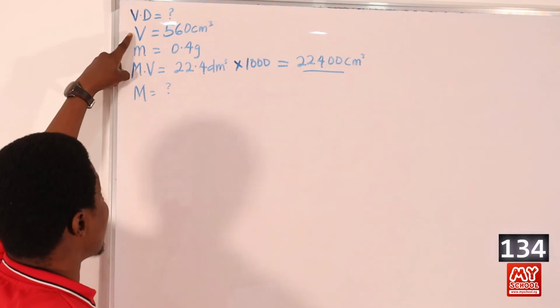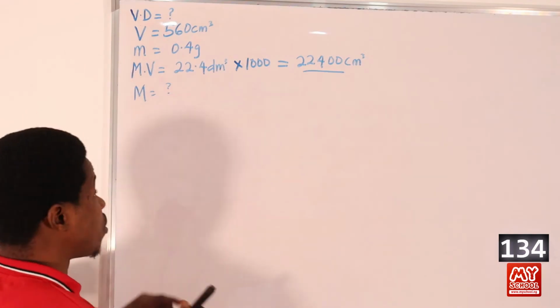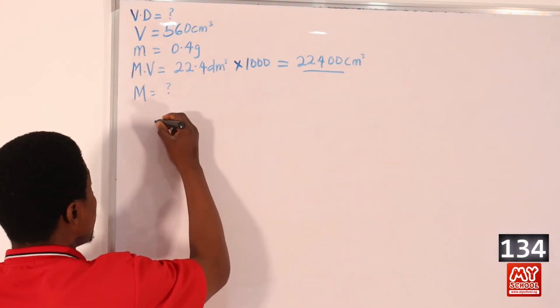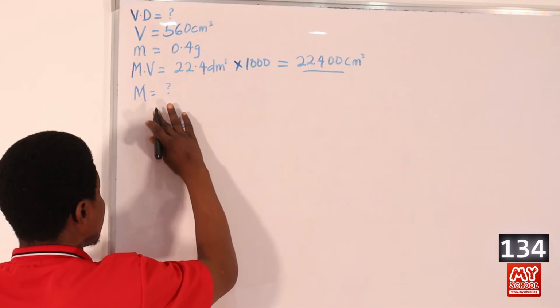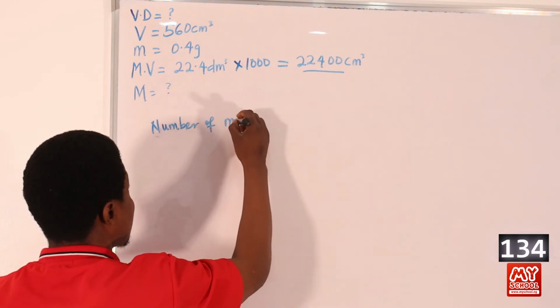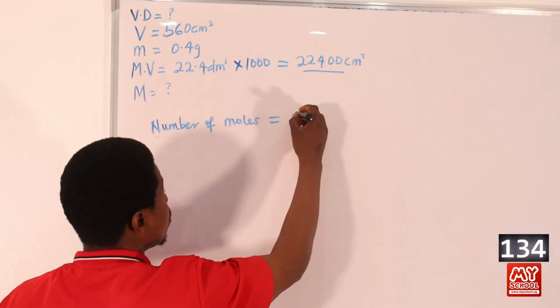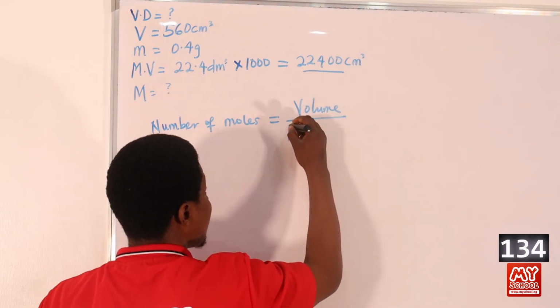We know that volume and molar volume have a relationship, which is the number of moles. In gases, the number of moles is equal to volume over molar volume.